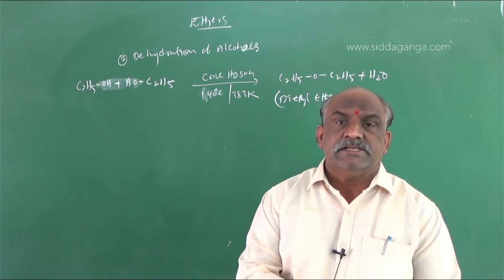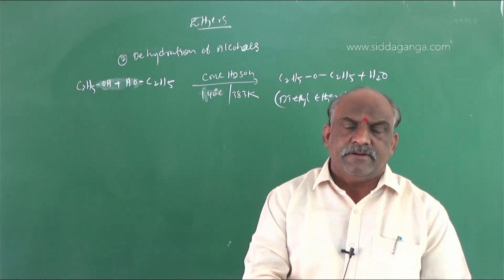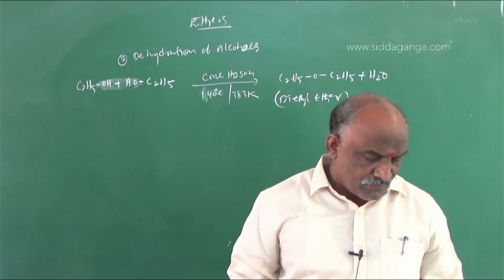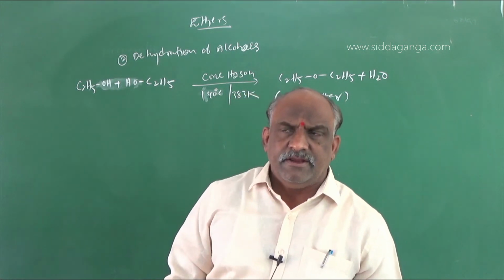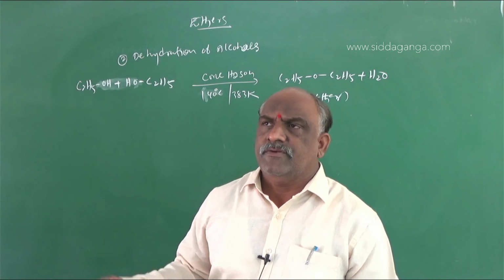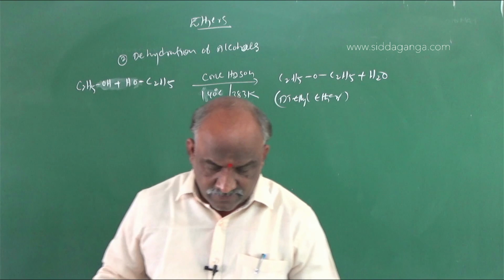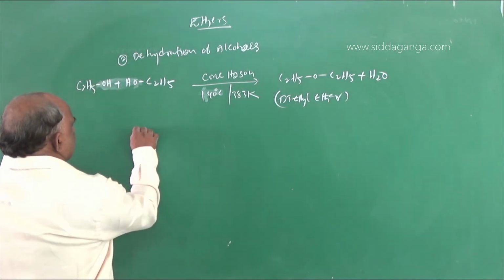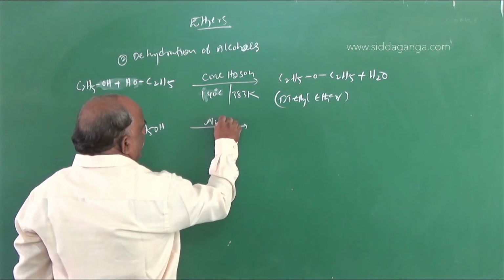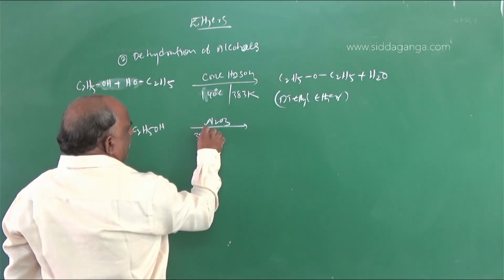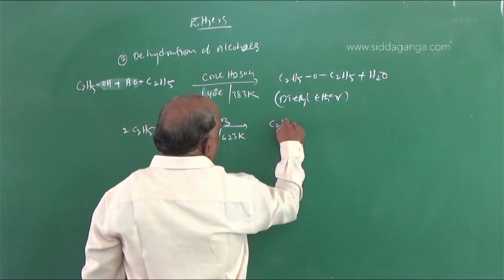Al2O3 is called alumina, and the temperature is 350 degrees centigrade. Instead of concentrated H2SO4, we go with alumina at 350 degrees centigrade, which converted into Kelvin is 623 Kelvin. We get the same answer.